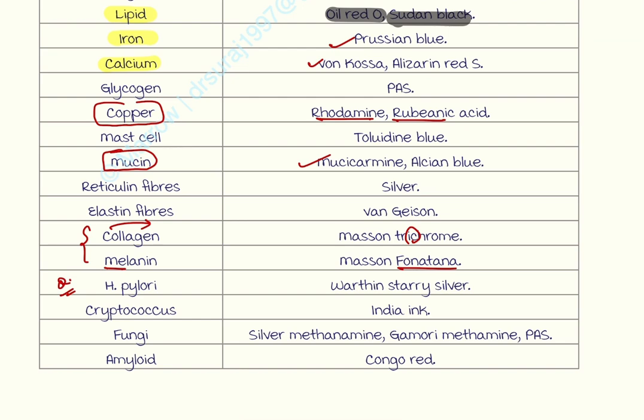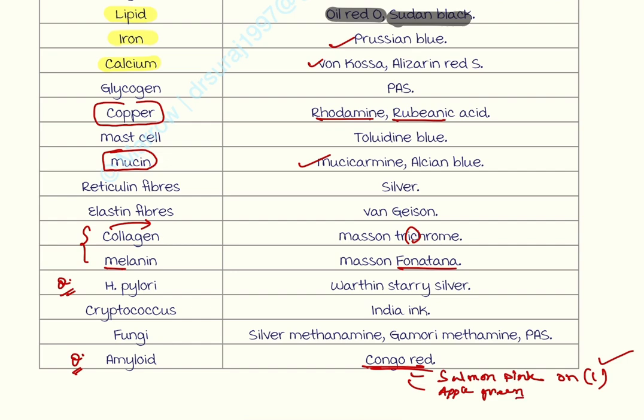Also amyloid, I told you in one of my TFS series videos. The specific stain for amyloid is Congo red. Congo red will give a salmon pink appearance on light microscope. Under polarized microscopy you will see apple green birefringence, because of the cross beta pleated sheet structure.